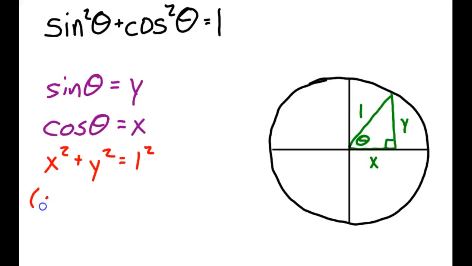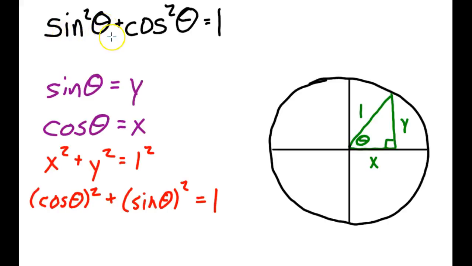So instead of x, I'm going to write cosine of theta, that quantity squared, plus instead of y, the sine of theta, that quantity squared, equal to 1 squared, which is just 1. The squared is applied to the function, so we write cosine squared theta and sine squared theta. That is why sine squared theta plus cosine squared theta will always be equal to 1.